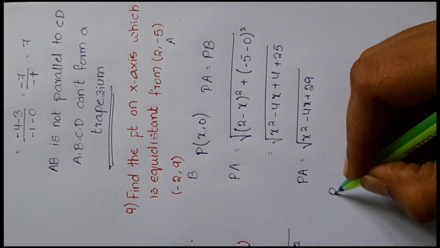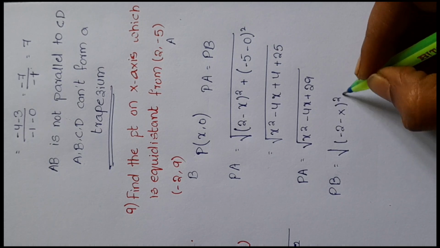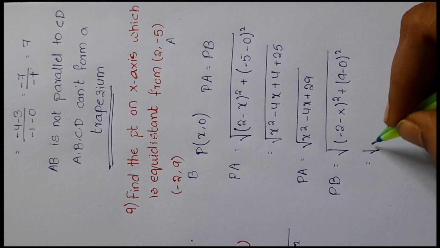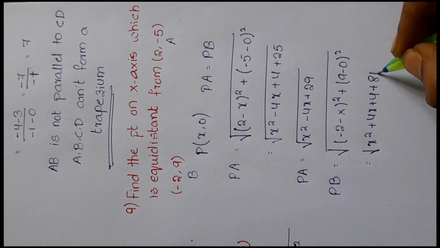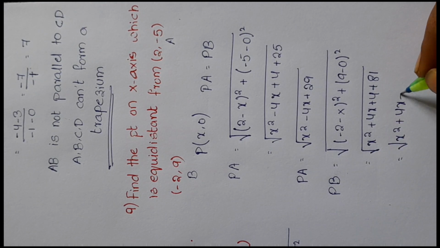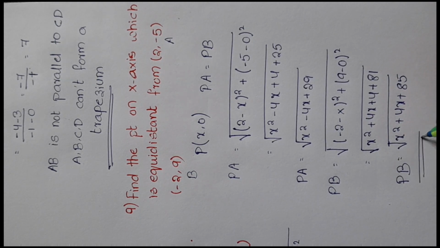Now let us find PB, which is equal to root of (-2 minus x) whole square plus (9 minus 0) whole square, which is equal to x square plus 4x plus 4 plus 81, which is root of x square plus 4x plus 85. This is the distance PB.